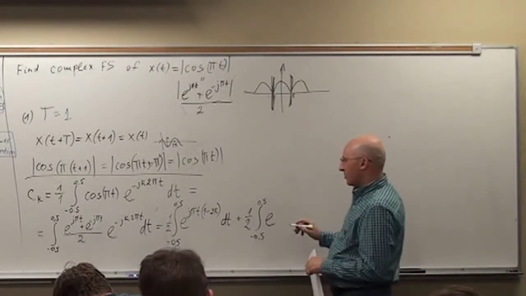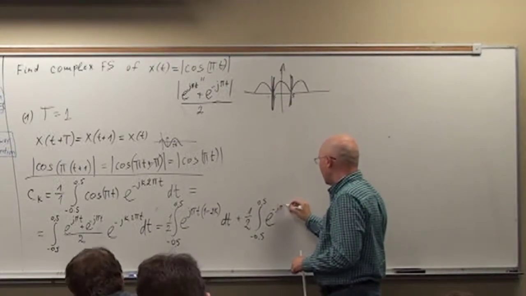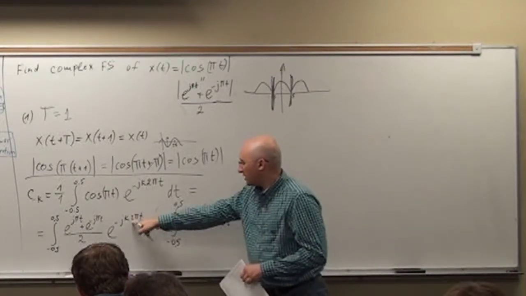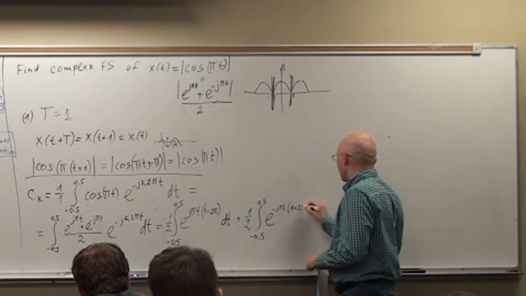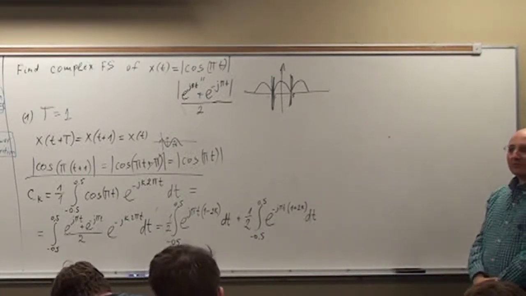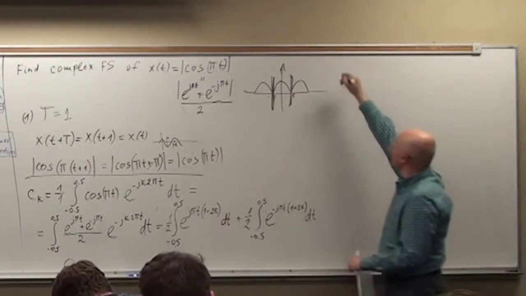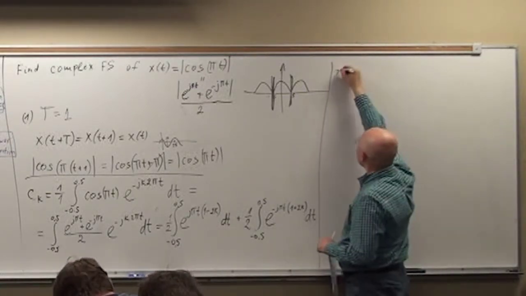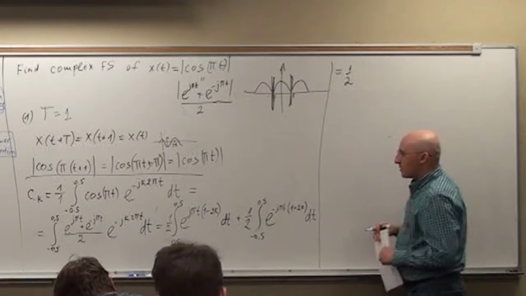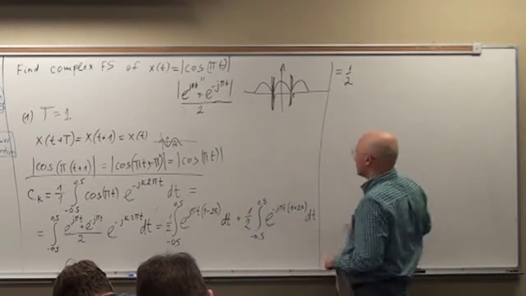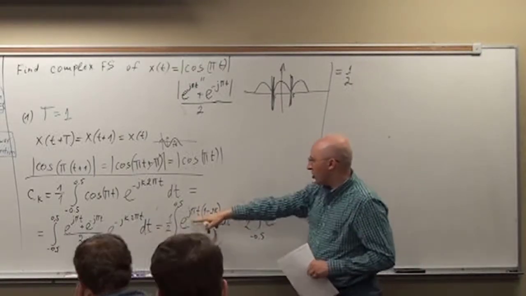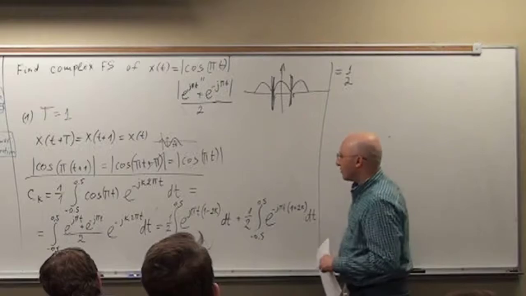And here you'll have exponent minus j pi t times 1 plus 2k. Okay, so far. One half. The first one will be exponent, and you need to divide basically by all of that part, j pi 1 minus 2k.